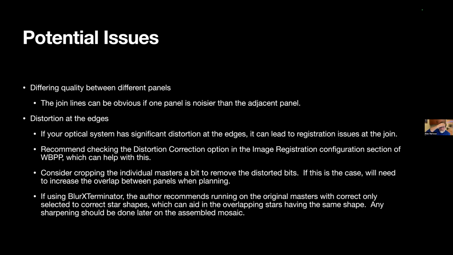Another potential issue with these mosaics is if your optical train has some distortions. Let's say your corner stars are pretty ugly, you have tilt issues maybe, or your sensor size is pushing the limits of what your field flattener or reducer is capable of correcting for.